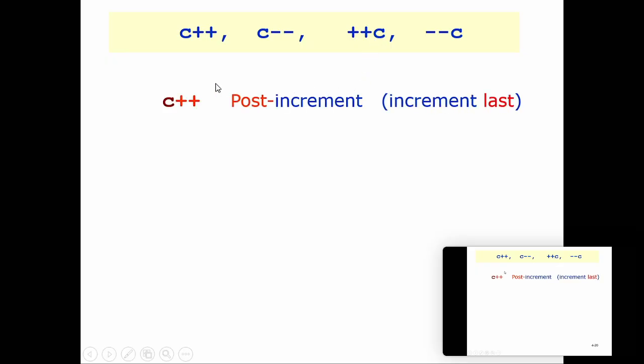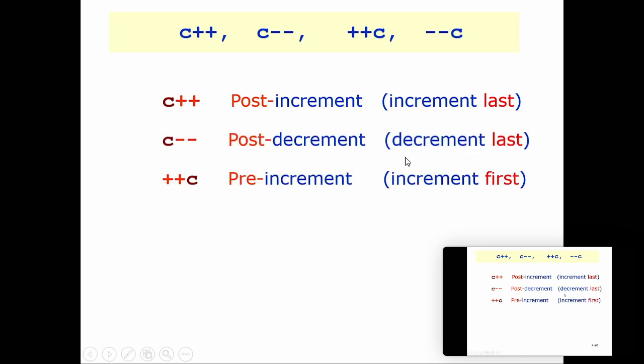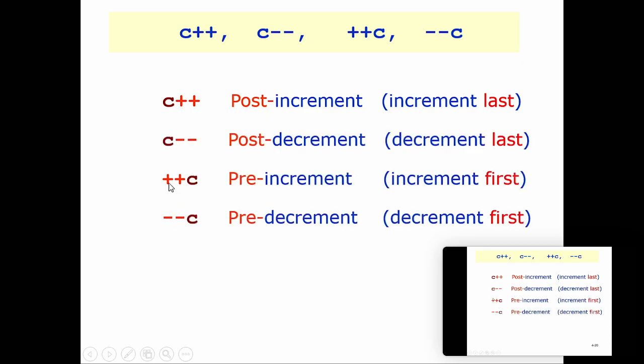When the operator comes after the variable, it is called post-increment or post-decrement. If the operator appears ahead of the variable, it is called pre-increment or pre-decrement. So this post and pre operator has a different action.